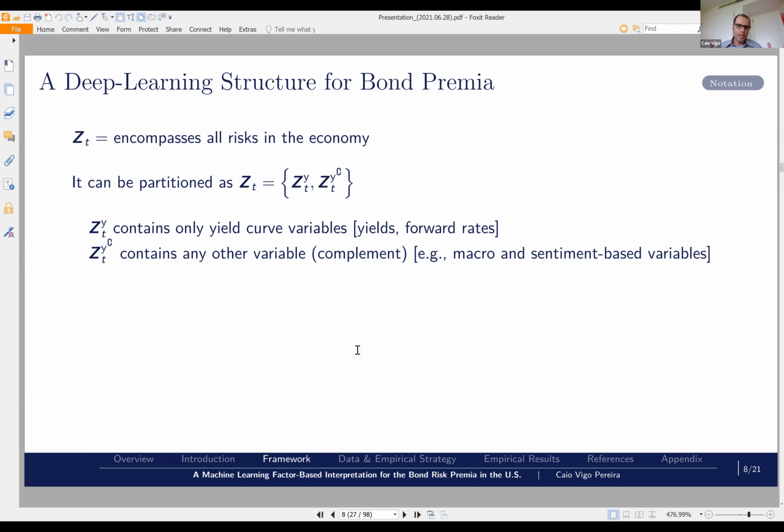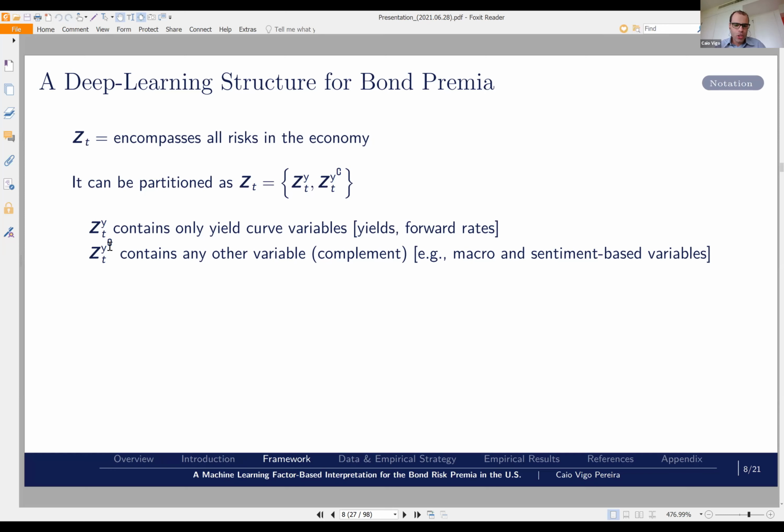What we are doing here, relating with the current theory, which is called a dynamic term structure model, is to partition this matrix of all the risks. There will be ZY, which is information only from the yield curve. So I'm going to the term structure. And there will be something that is orthogonal to that, which is left out. That's why we have ZYC, which is the complement. But the complement is orthogonal in this case.